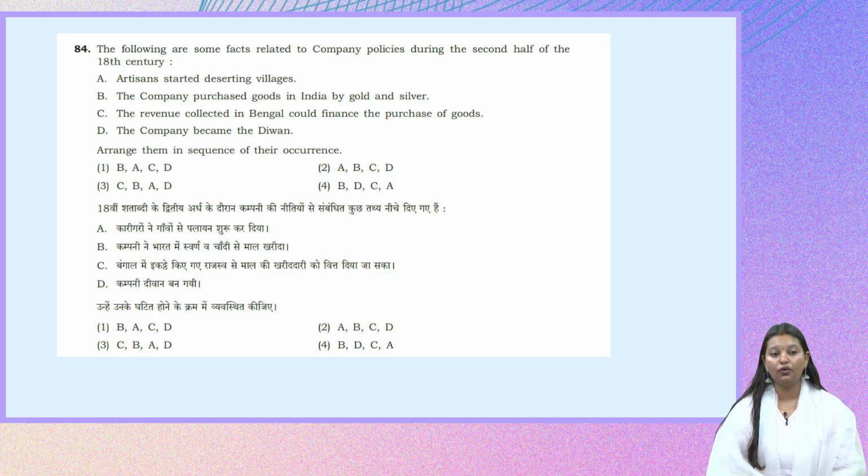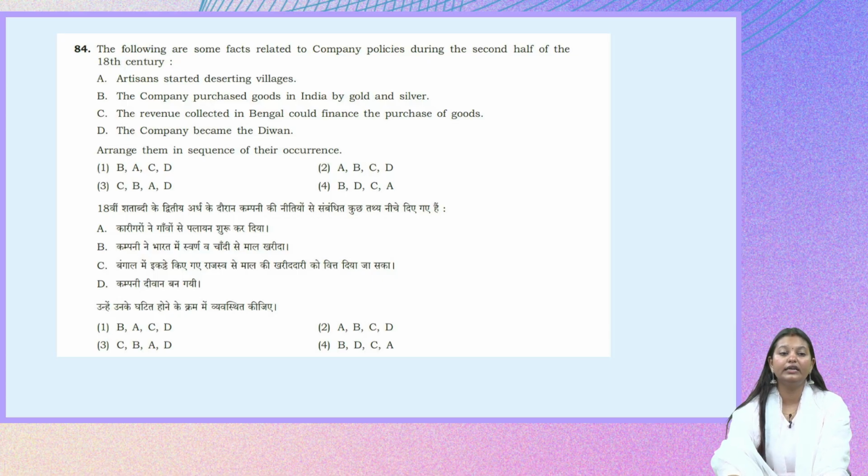And statement 4: The company became the diwan. So now the question is expecting us to arrange the sequence as to how things had occurred in history. So in the 18th century when the company was there, what policies in the second half of the 18th century and how they have occurred with the timeline is what they are asking here.